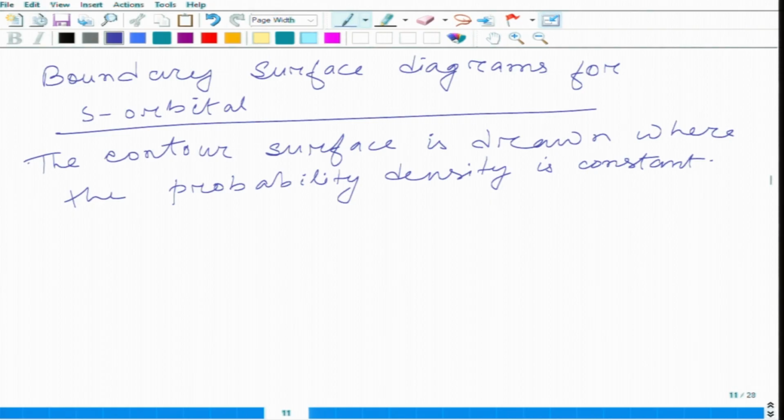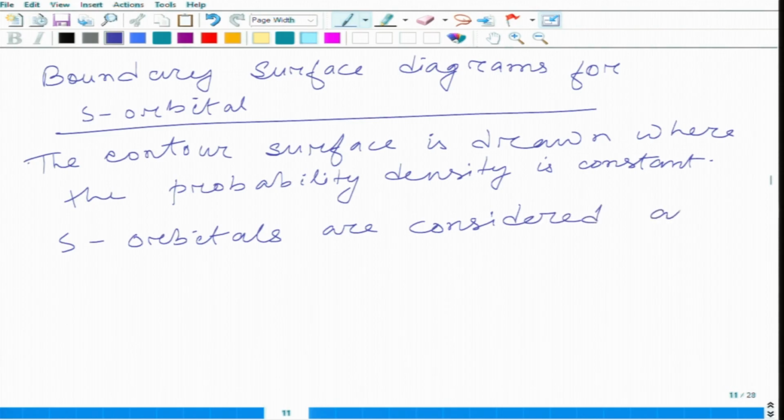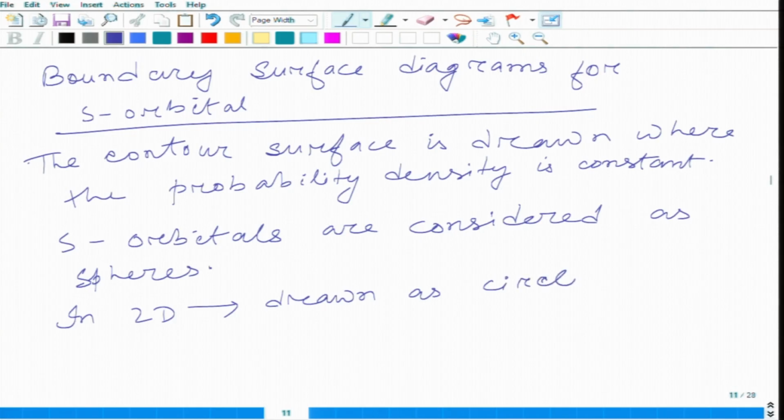For s orbitals, as a general consideration, they are considered as spheres. So, in 2D, that is in the plane of the paper, it is drawn as a circle whose center is on the nucleus.